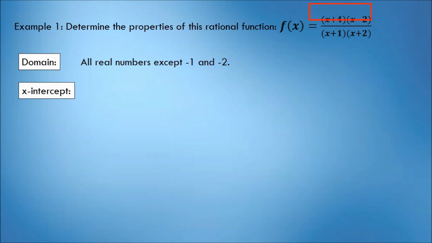The answer for x-intercept are the values of x that will make the numerator 0. In this example, the numerator will be 0 if x is equal to -4 and +2. Therefore, the x-intercepts are x equals -4 and x equals +2.